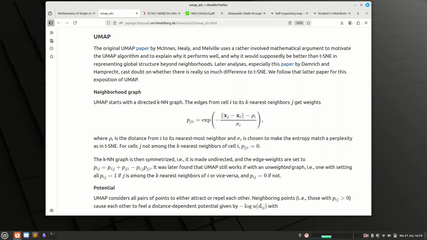Because what we now do is we have our weighted k nearest neighbor graph, but you know, in high dimensional space, nearest neighbors is a very unclear thing because distances are so similar.